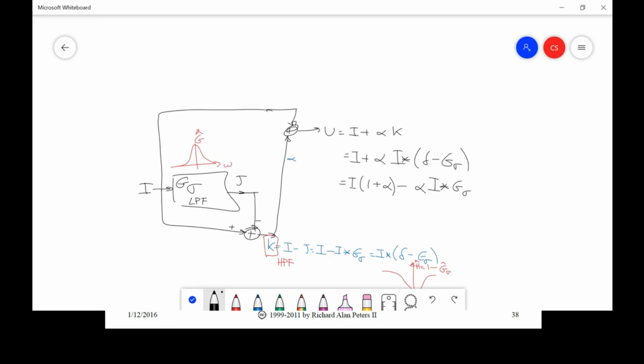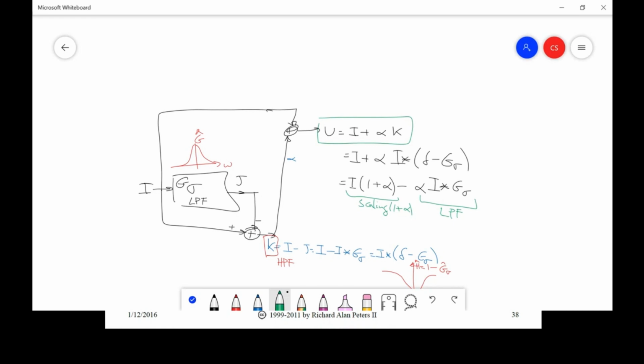So what I have is a scale factor: we are scaling by a factor of 1 plus alpha. And this is a low-pass filter. So I am getting a sharpened image by using a low-pass filter, but with a negative sign.